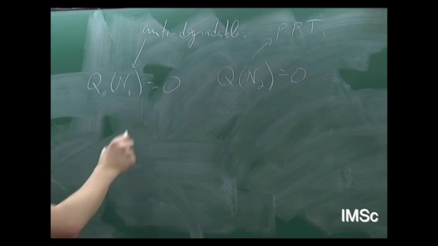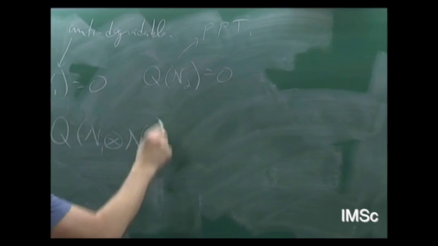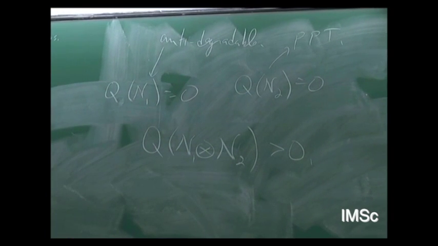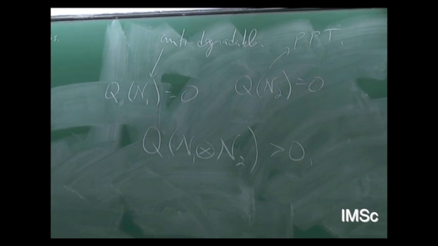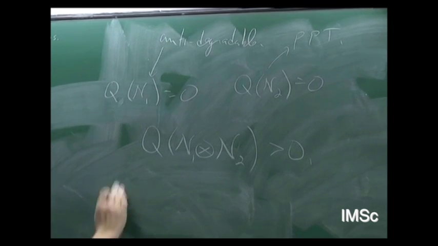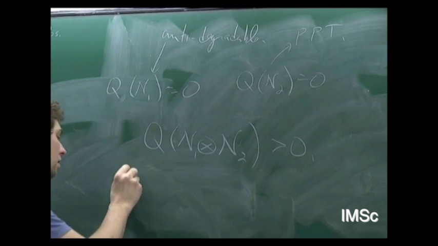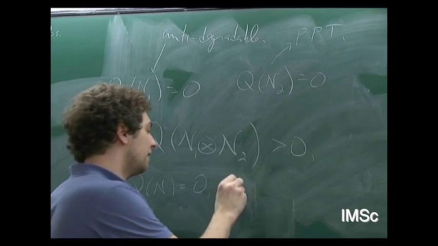And one of the cool things that you can do if you pick these channels right is figure out ways to make this joint quantum capacity, so the capacity of the tensor product of these two individual channels, positive. I don't want to say too much about how to prove this, but in the discrete case, when you have finite dimensions, one way to go about proving this is by using a construction of the Horodecki family and Jonathan Oppenheim that gives you quantum channels that are PPT, so they have zero quantum capacity, but they have positive private capacity.